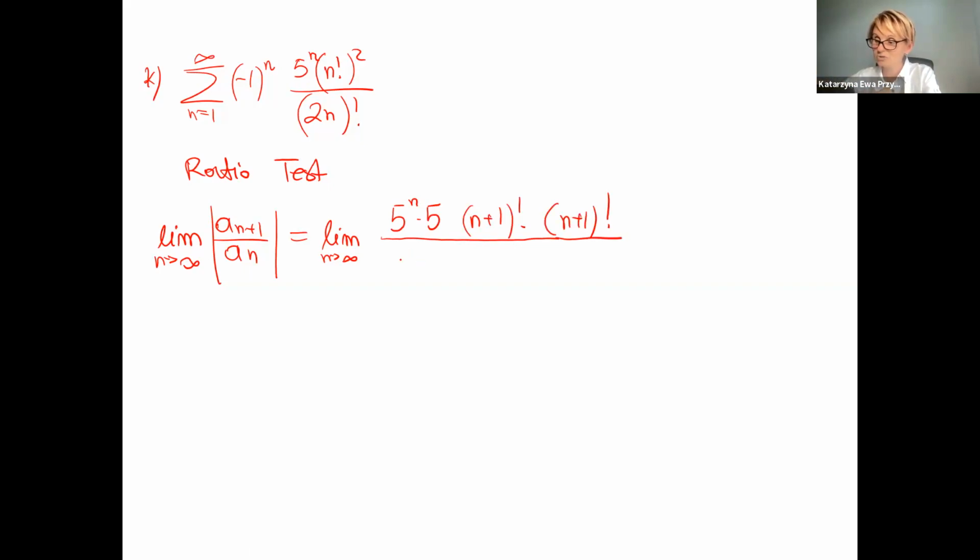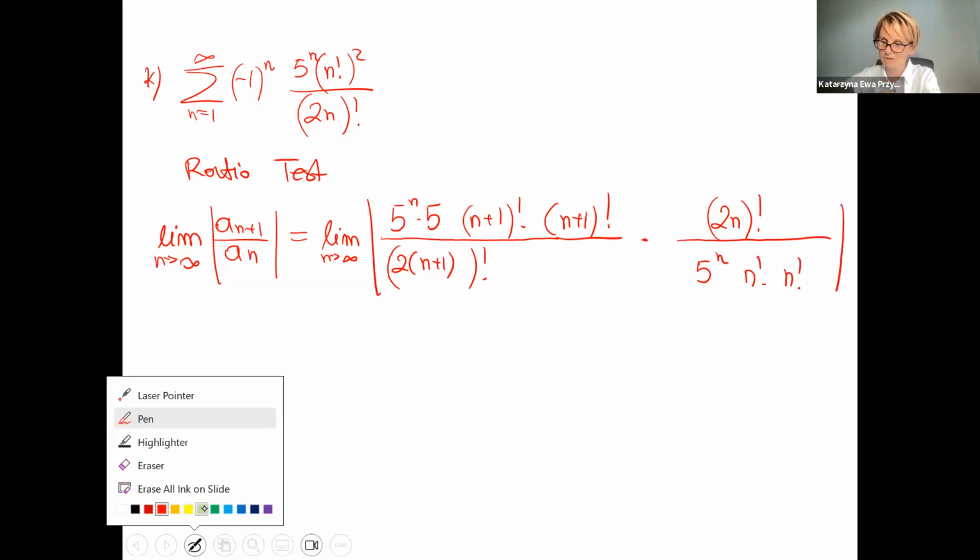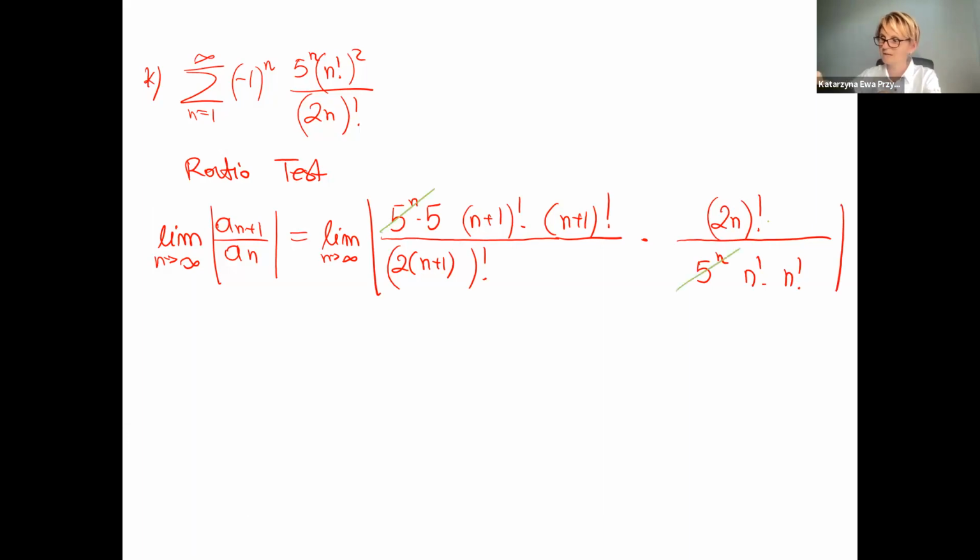And for the denominator, 2 times n plus 1, we have to distribute the 2, and multiplying by the reciprocal of a sub n: 2n factorial, 5 to the n, n factorial, n factorial. We don't have to keep the absolute value because it's positive.